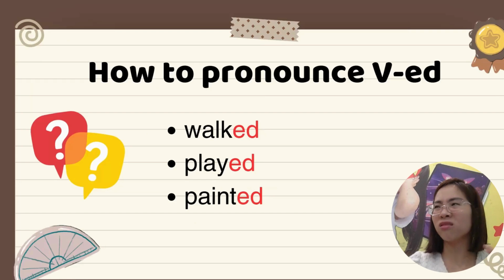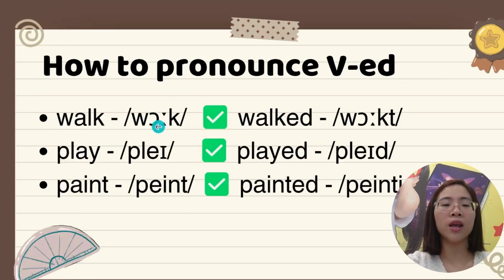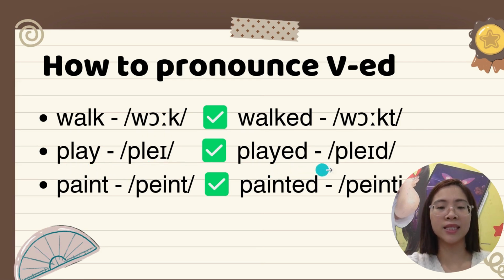Have you got the answers and have you recognized the differences? Okay, let's check. Here we have the word walk, and when we add ed, walked. Play, played, with ed.